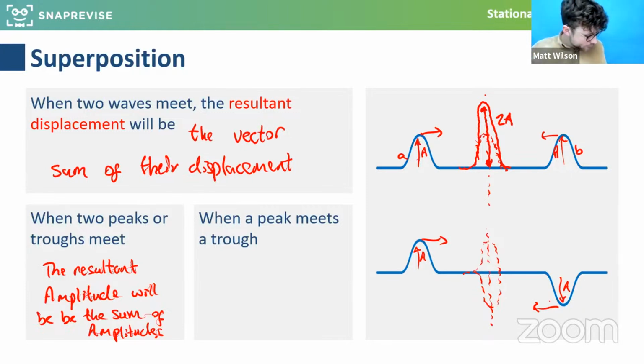It's the vector sum. So you don't just add the magnitudes, you add the directions. And when you add those two vectors together, 1A going up and 1A going down, you'll just get a vector of size 0.